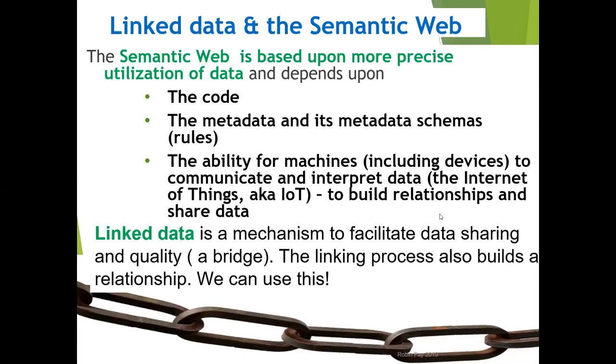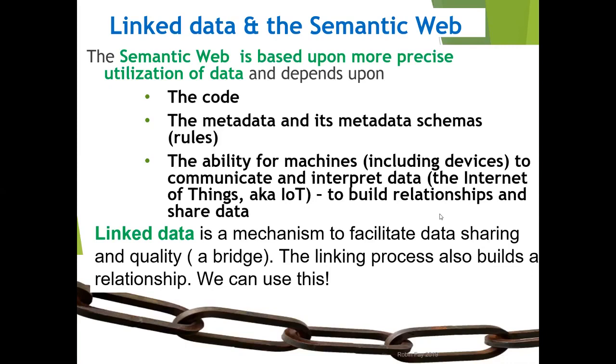And the second take is much more about aligning ourselves with more semantic web practices, also looking at linked data and starting to think more about that. Because so much of the semantic web stuff is already happening around us. And it's partially dependent upon the code, it's partially dependent upon the metadata and its metadata schemas, and we have those two things already.